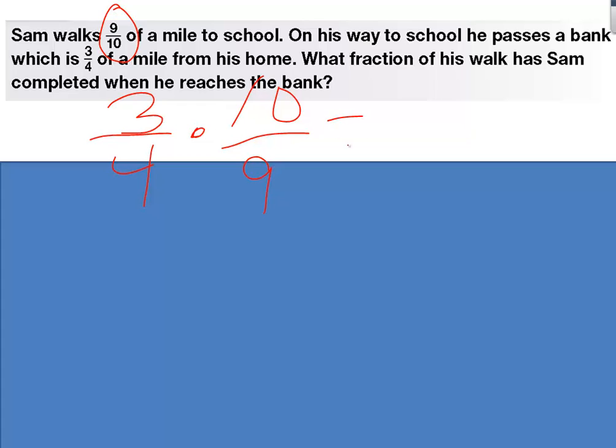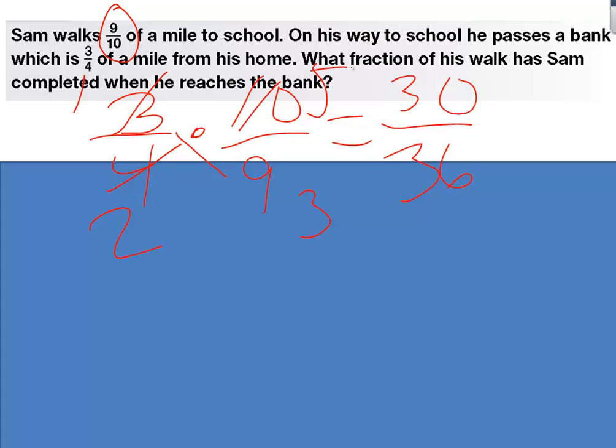Now we could just multiply that straight across and get 30/36, but that's not reduced. So let's go ahead and do some canceling. That 3 goes into our 9 three times. 2 goes into that 4 two times, and that 10 five times. So now 1 times 5 is 5, and 2 times 3 is 6. There's our reduced answer, 5/6.